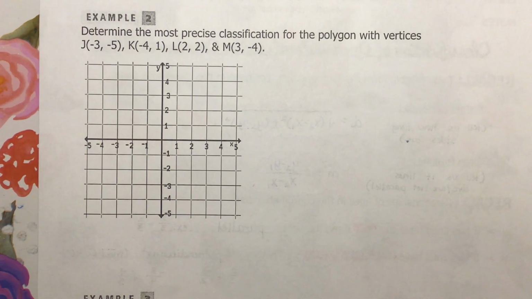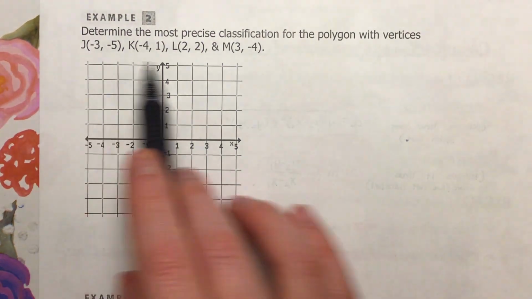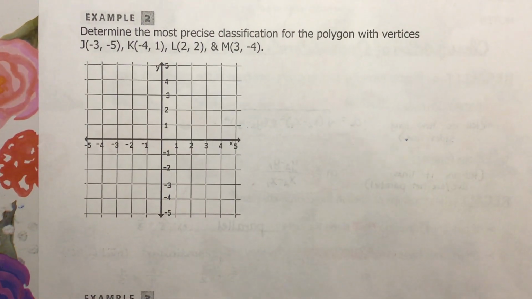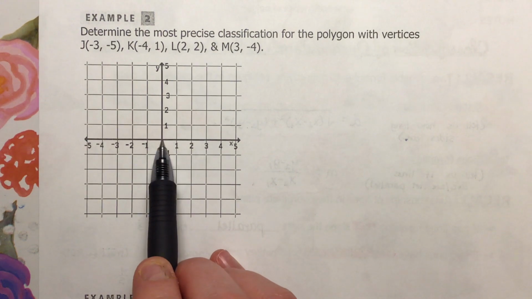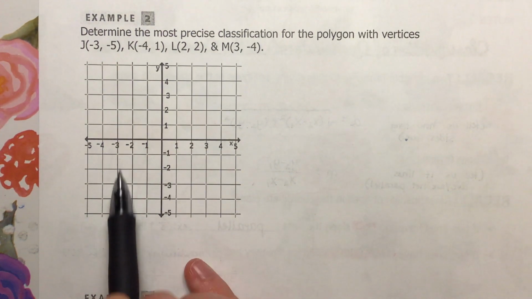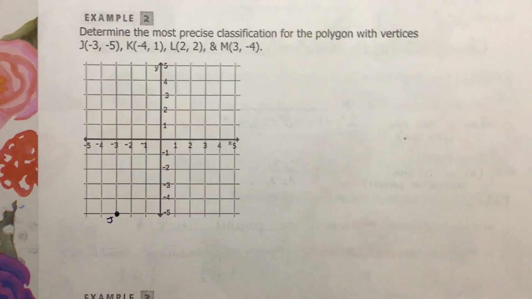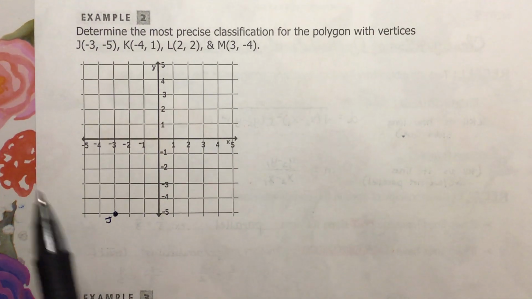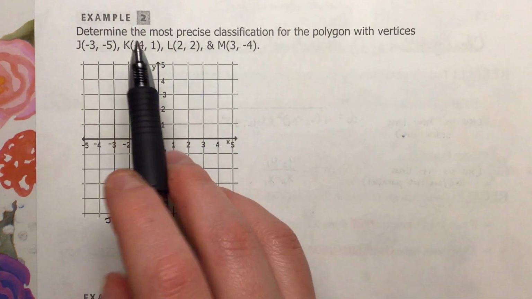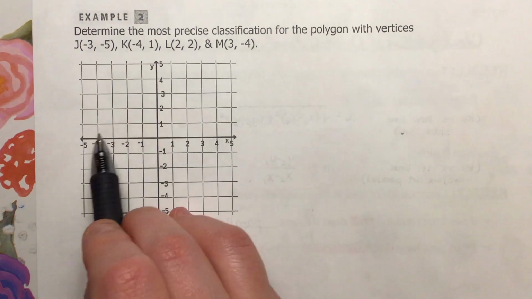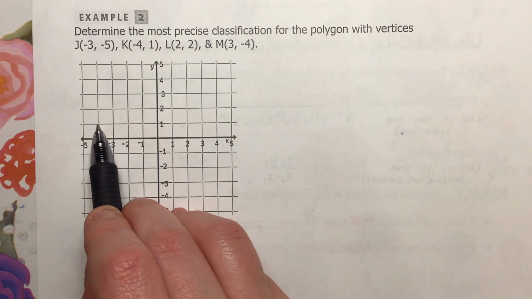So it says, determine the most precise classification for the polygon with vertices, and then we have our vertices. So let's just graph those. J is at -3, -5. And then we have K at -4, 1.